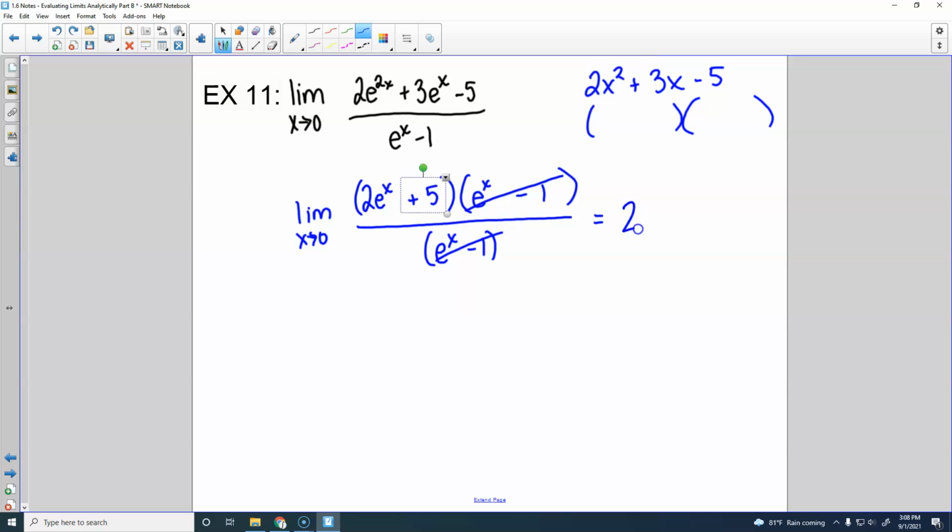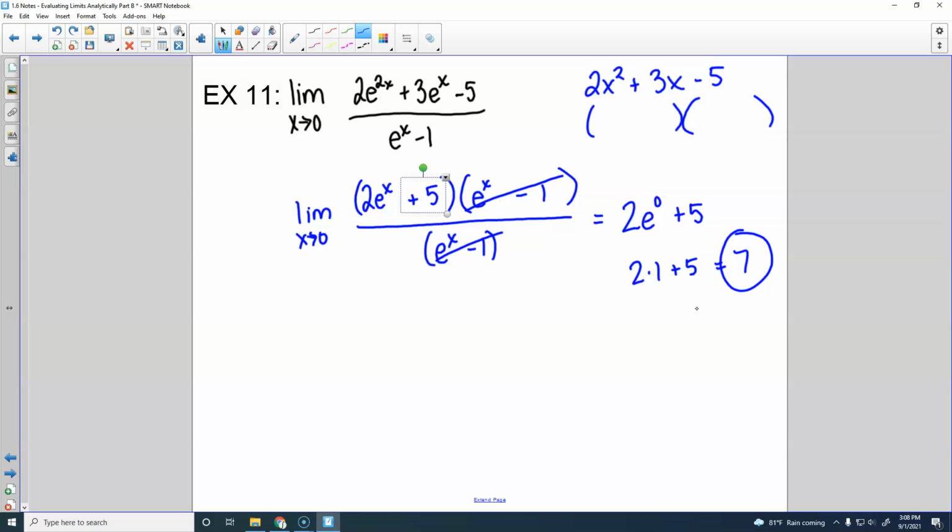Now I can do direct substitution. 2 times e to the 0 plus 5. 2 times 1 plus 5. So 7. See, I get it when I get the factoring. That's what you might want to work on.